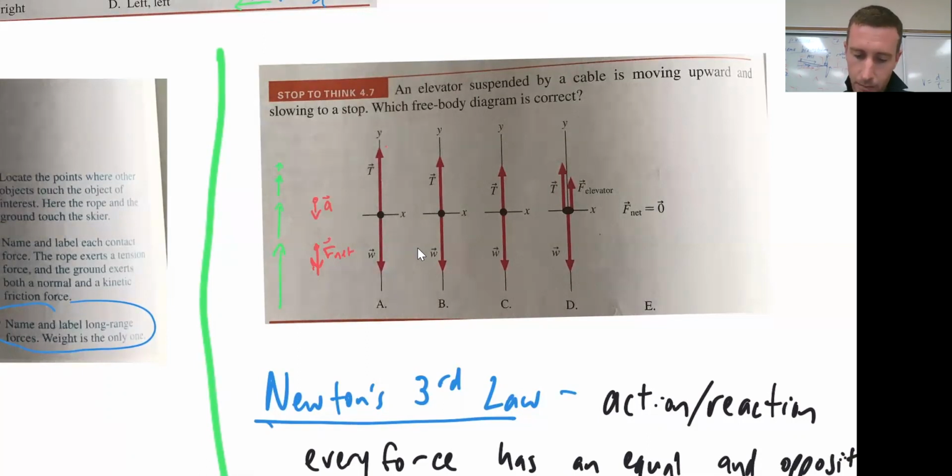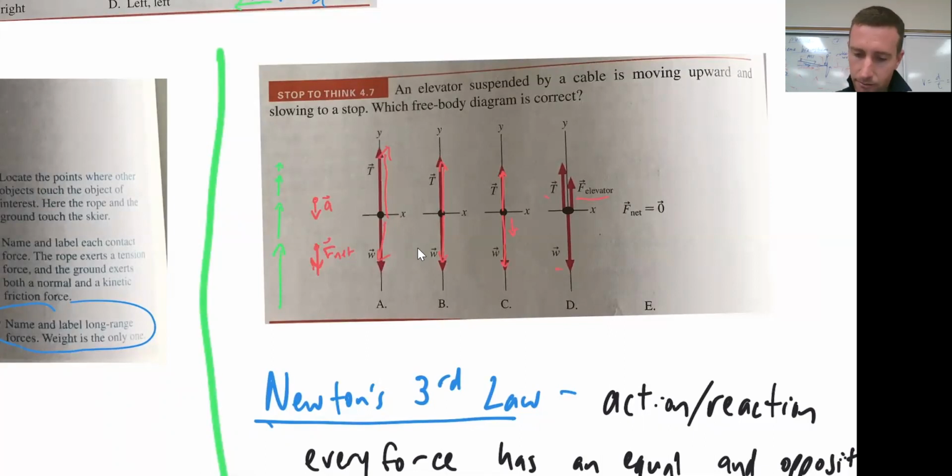This one, the upwards force, tension, is greater than the downwards force. That's no good. This one, they appear to be the same size up and down, so then it wouldn't be slowing down. This one, the downwards force is greater than the upwards force. That would leave me with a total net down, which is good. This one has a force of the elevator and a tension and a weight.